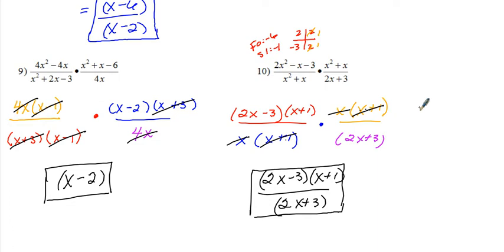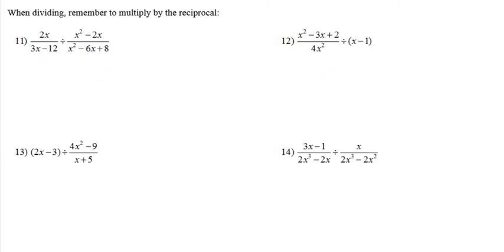All right, so that was simplifying a single fraction, multiplying two fractions. Now let's do the last part of today, which is dividing. Remember back in elementary school, when you were dividing two fractions, you need to multiply by the reciprocal. So instead of divide, we're going to change this divide into a multiply by the flip, by the reciprocal.